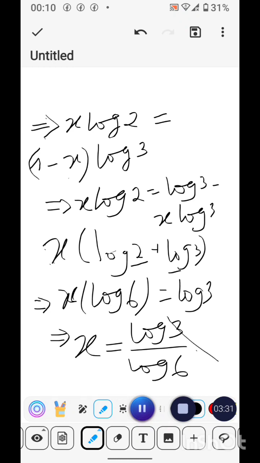Now we know that log 2 plus log 3 is log 2 times 3. That's why I have x log 6, equal to log 3. To make x the subject, we divide both sides by log 6. We have our required answer, which is x equal to log 3 divided by log 6.